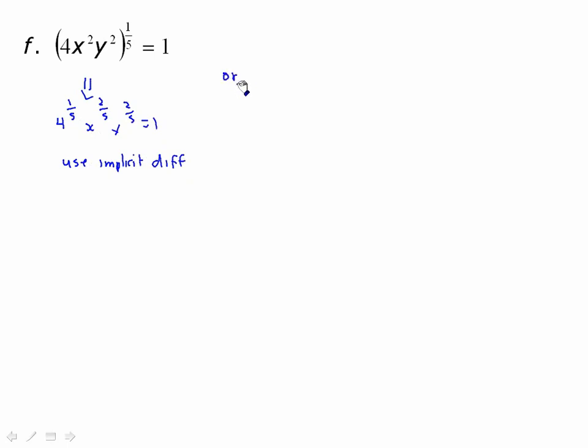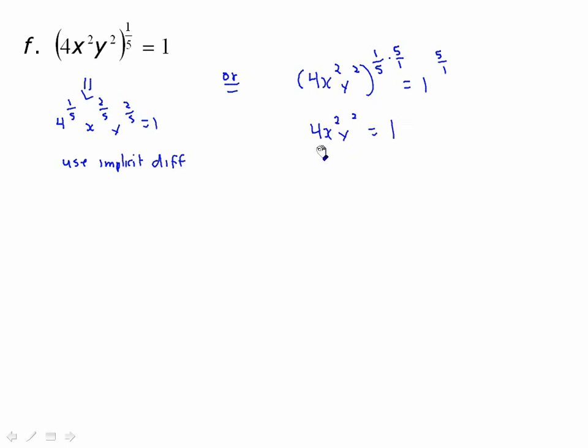But what I'm going to advise you to do is, instead of putting it in that form, if you looked at it long enough, or the right way, it might occur to you, if you use an old exponential trick, by raising both sides to the power of 5, which will eliminate that exponent, you'll get 4x squared y squared is equal to 1. And then you don't have as nasty exponents as you would have had.